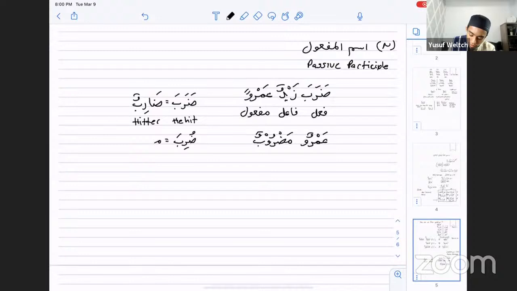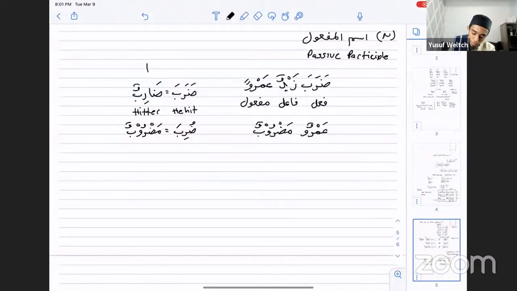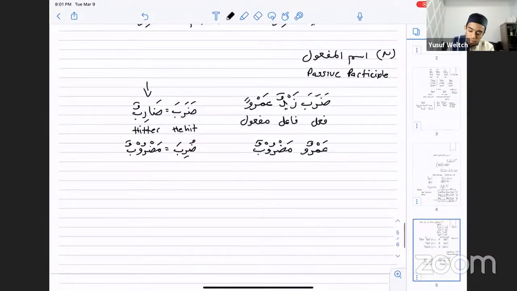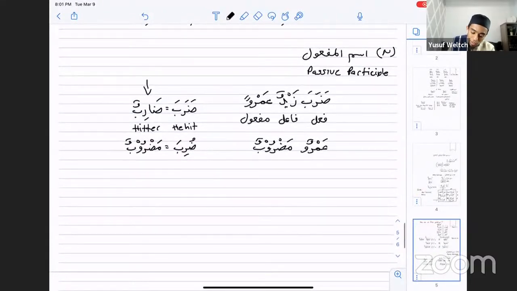So you can see madrubun. The ism fa'il here is a direct representation of the regular verb, the ma'ruf verb, except that we stripped it of its tense.